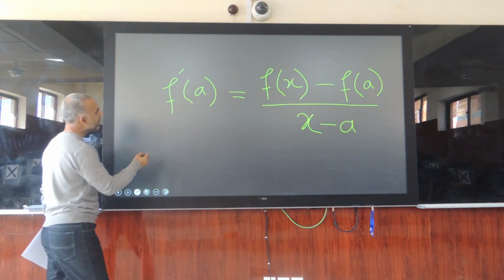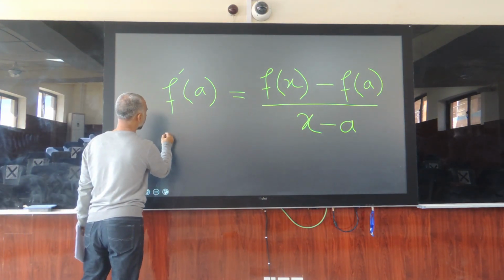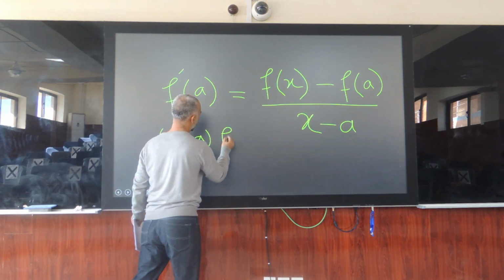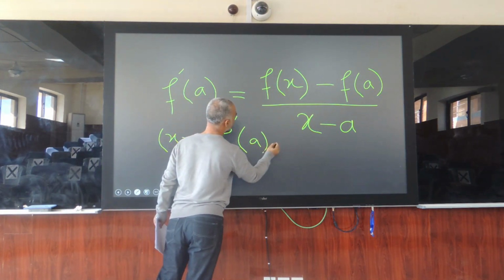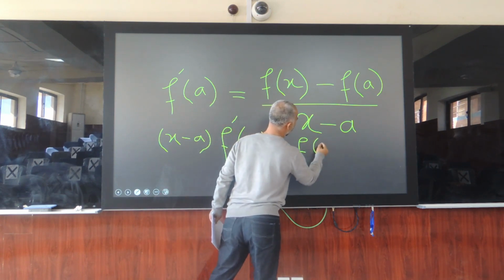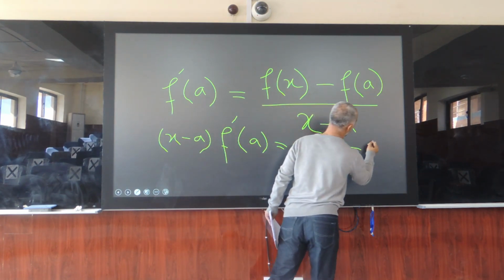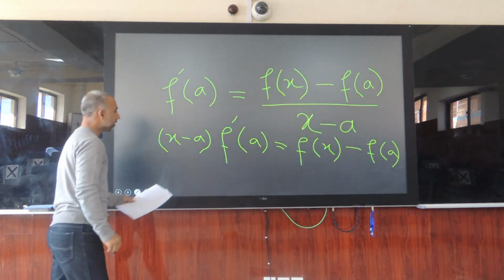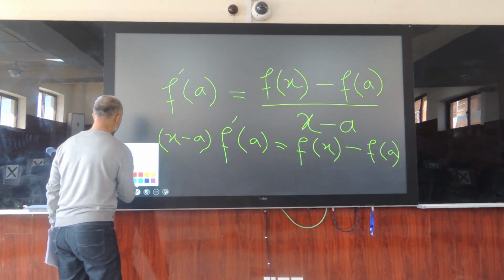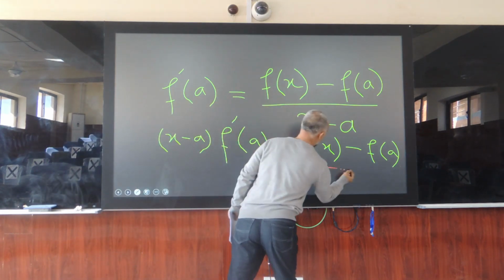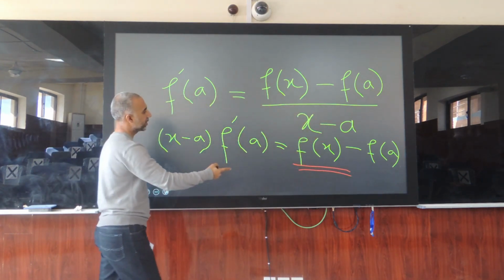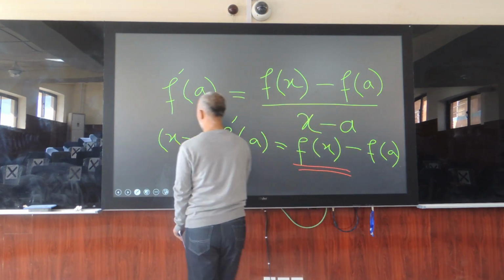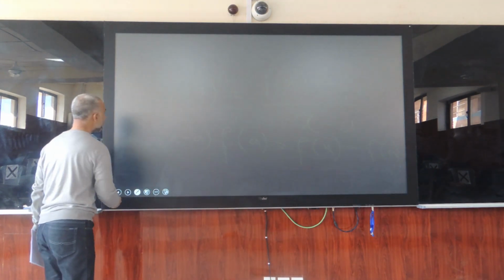So by cross multiplying we will have x minus a times f prime of a equal to f of x minus f of a. We can further conclude the value of f of x by adding f of a on both sides.